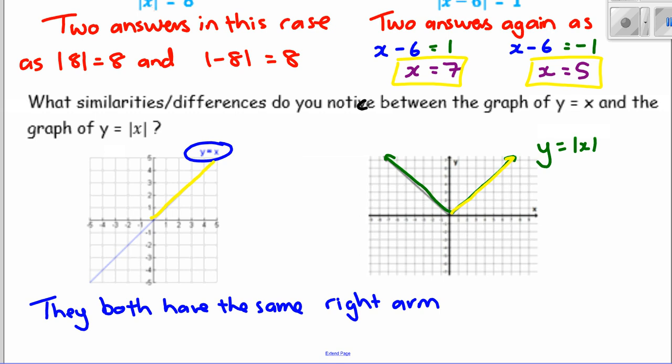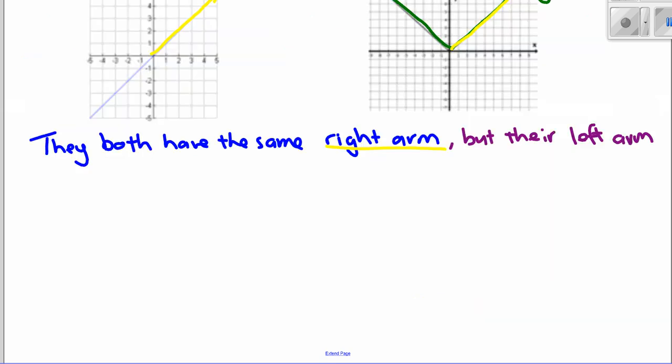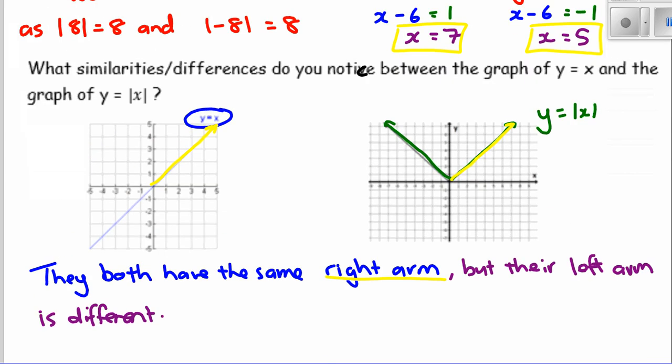Same right arm. But their left arm is different. By the left arm, I mean this one here. So you see the left arm is different.